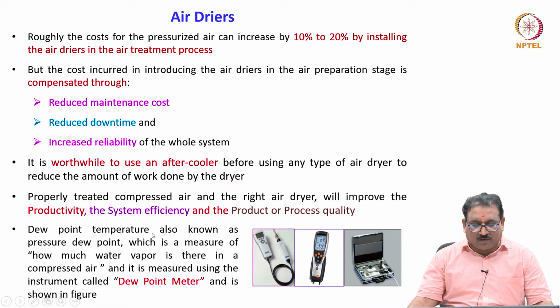This dew point temperature, also known as the pressure dew point, is a measure of how much water vapor is there in the compressed air, and it is measured using an instrument called the dew point meter, which is shown in the figure here. This is used to measure the dew point temperature of the air.